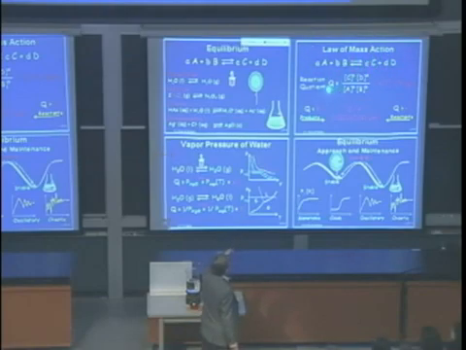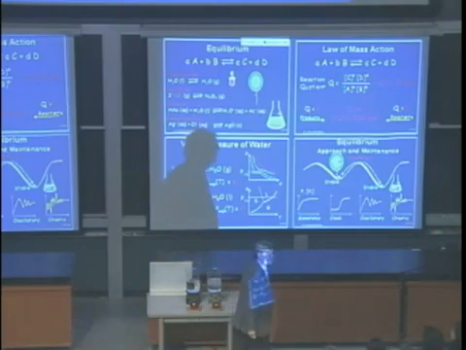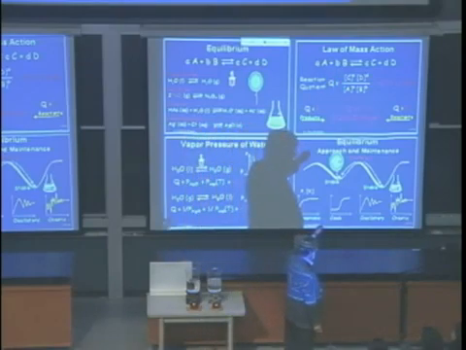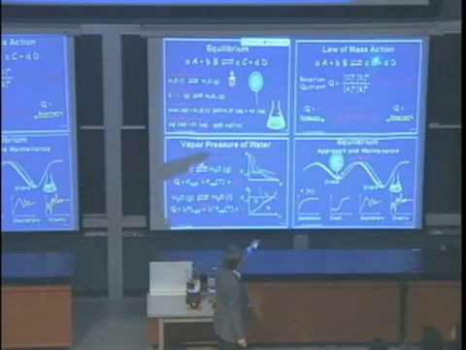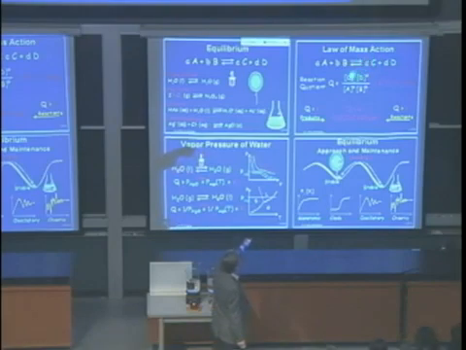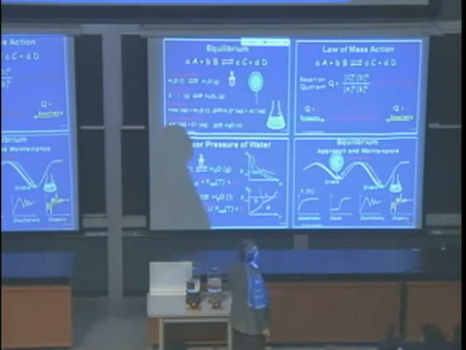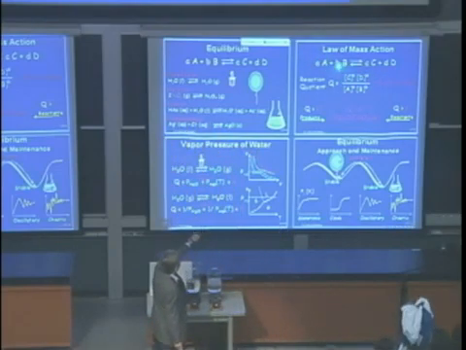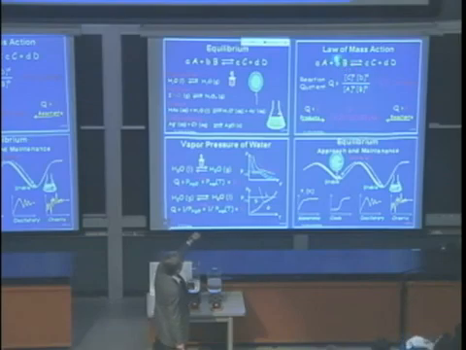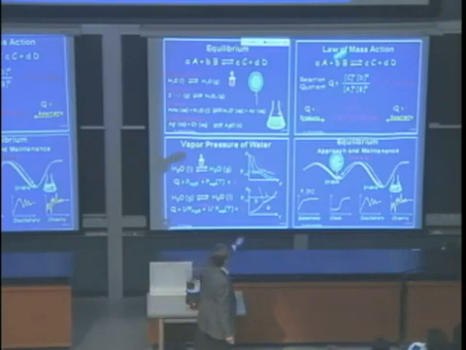So we say the reaction quotient Q is the concentration of product C to the C's power, so the number of moles goes at the exponent here, and then times the concentration of product D to the D's power, again the number of moles. Divided in the denominator by the concentration of A to the A's power, times the concentration of B to the B's power. And this is Q.